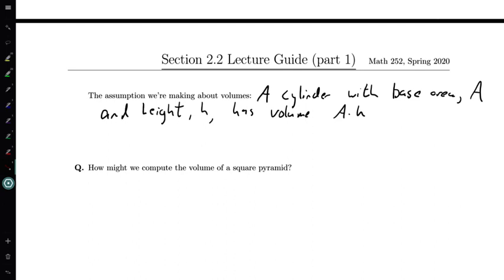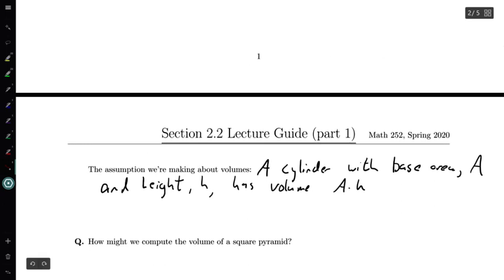Now, I want to point out that this is very similar to the assumption that we made at the beginning of Chapter 1 when we were talking about the area of a rectangle.